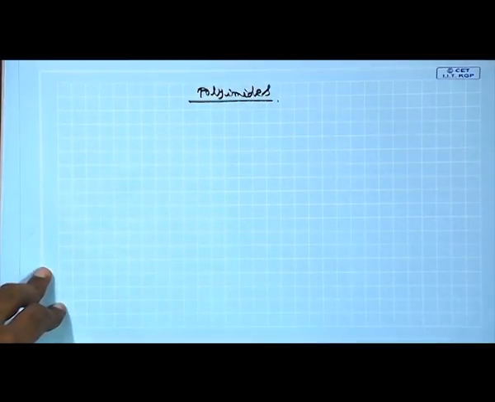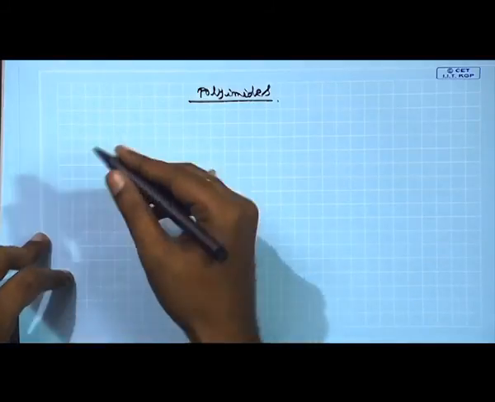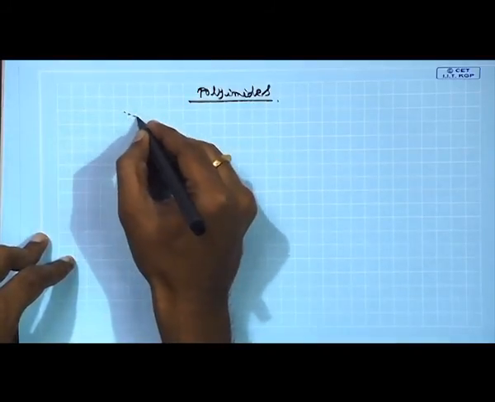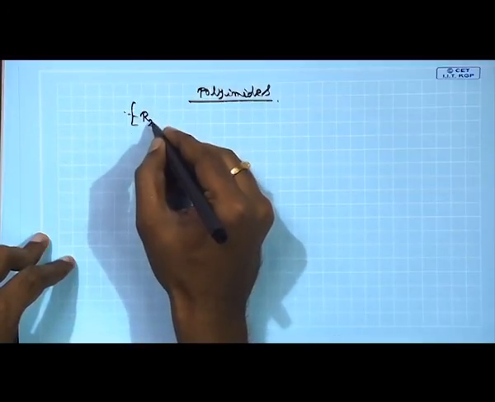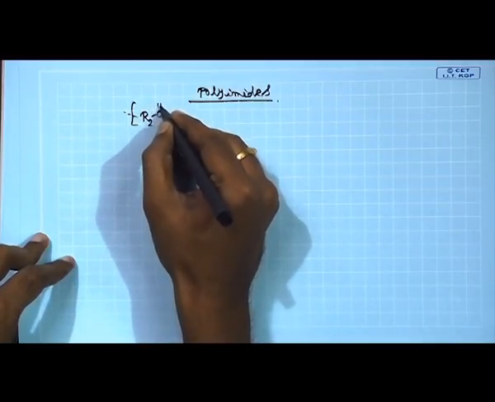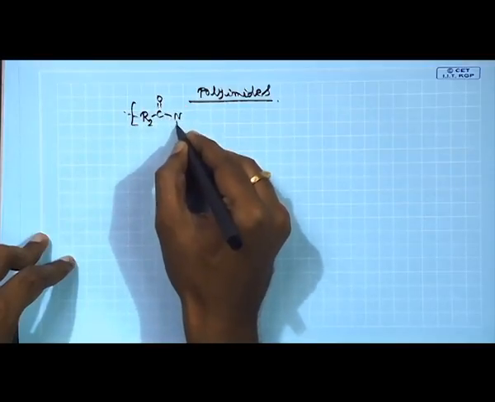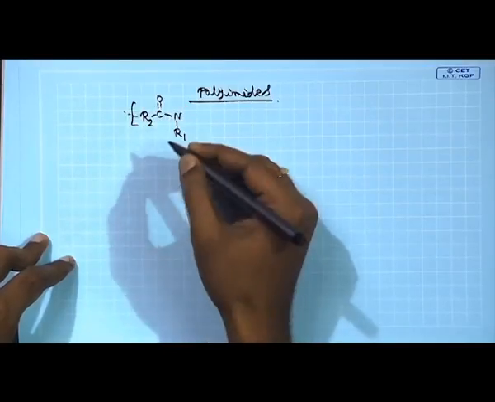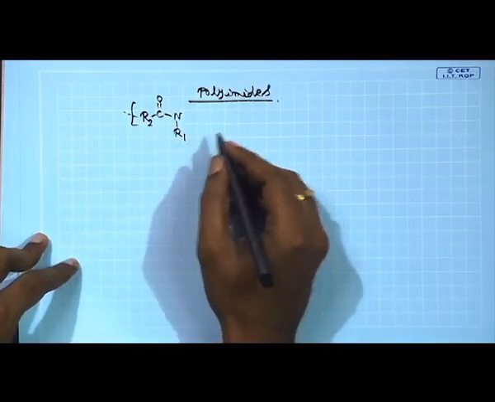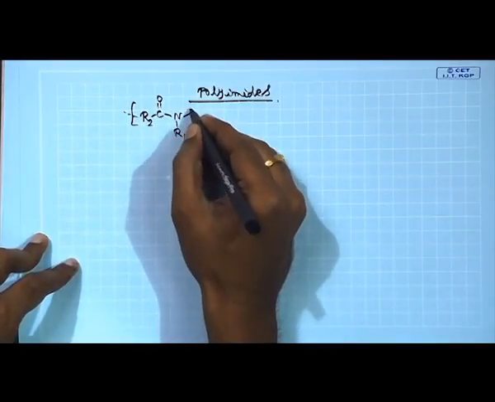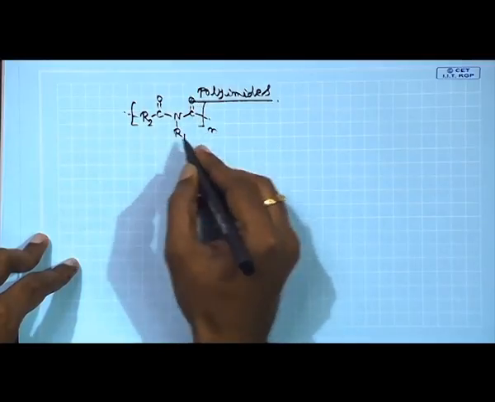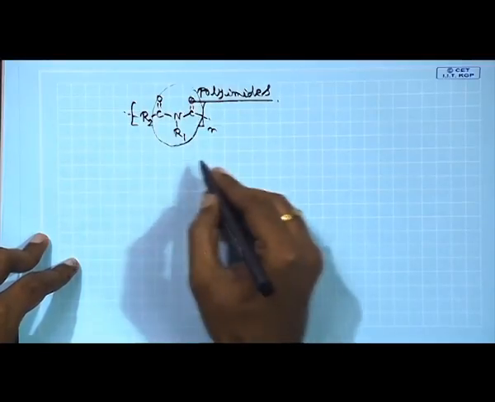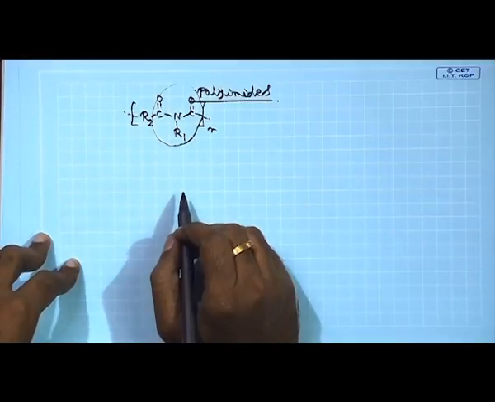Now, these polyimides have a characteristic functional group which looks like this. So this is basically your imide functionality.